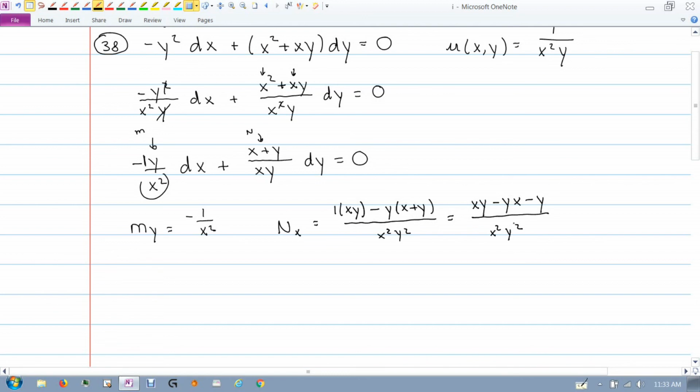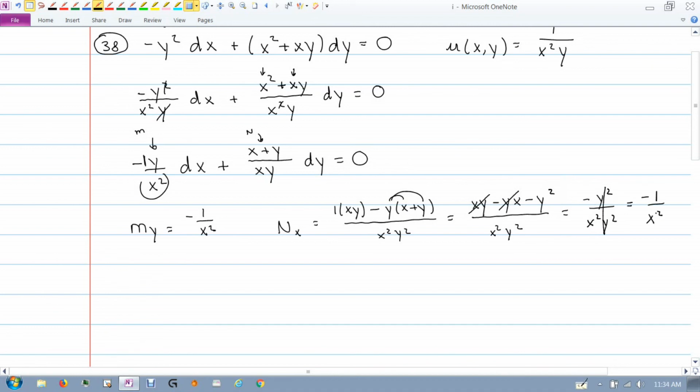Oh, you know what, when I distributed here, that was y squared there. So we have negative y squared over x squared y squared, and the y squareds cancel, and we get negative 1 over x squared. And it matches.